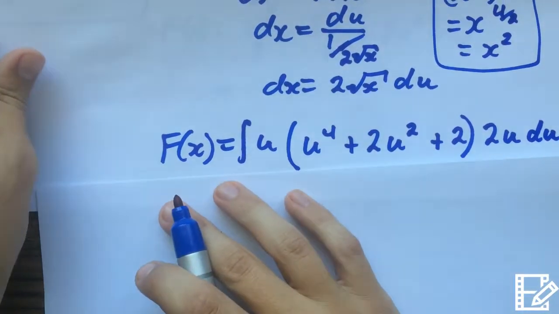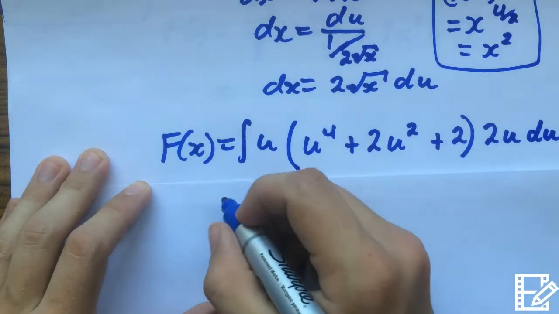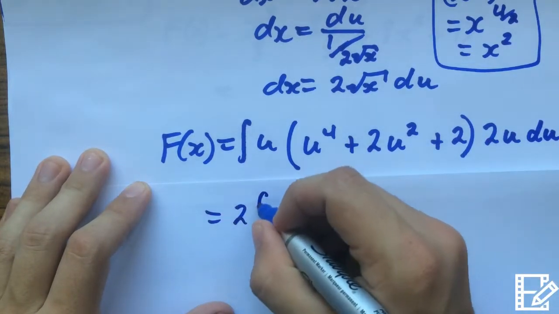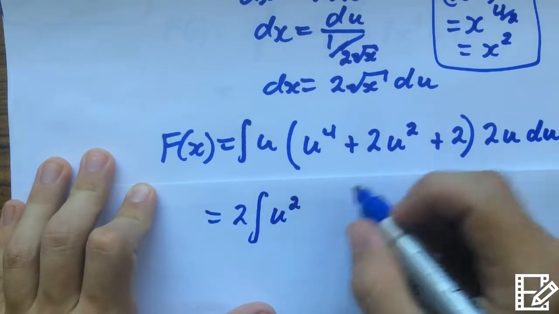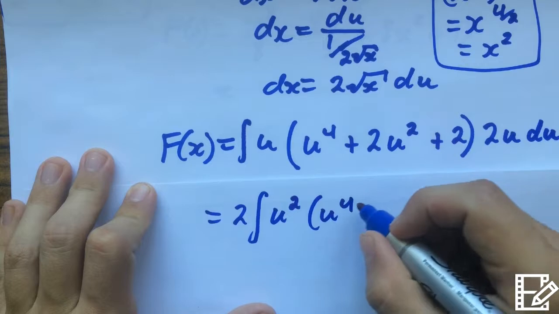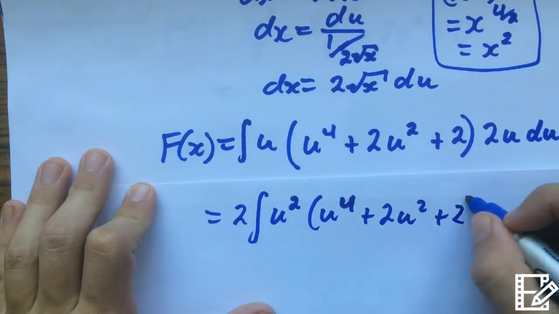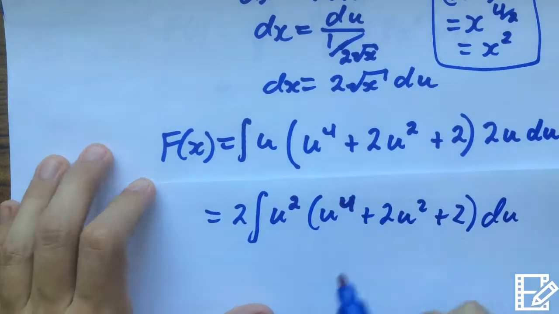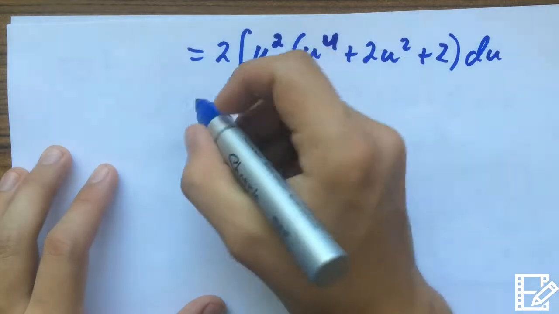Now what I'm going to do is bring the 2 out the front because it's a constant. You have 2 integral u squared, u to the power of 4 plus 2u squared plus 2 du. And I'm going to expand the brackets.